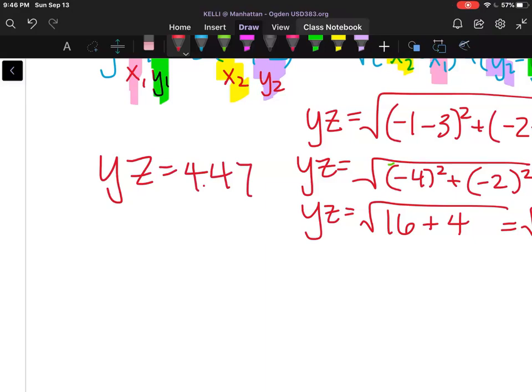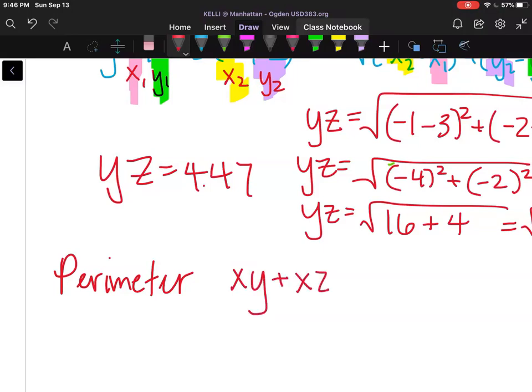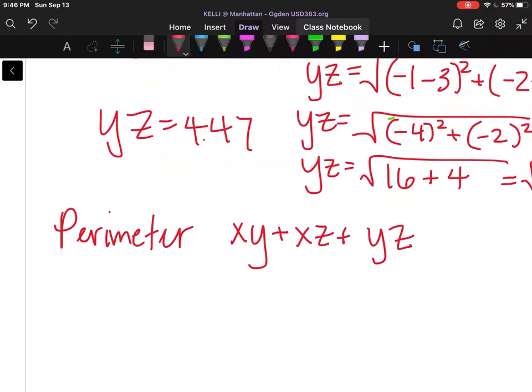Alright, so perimeter. Let's go back to that idea. That's going to be our lengths that we have found. So we needed the length of xy, plus the length of xz, plus the length of yz. Well, we got 5, 5, and 4.47.